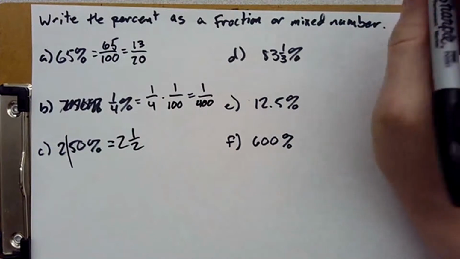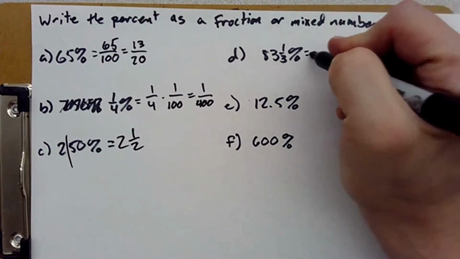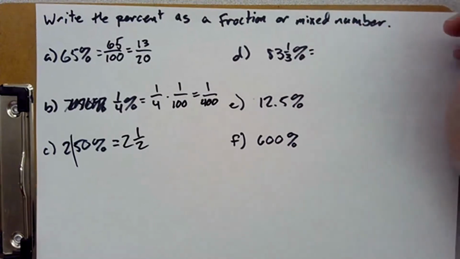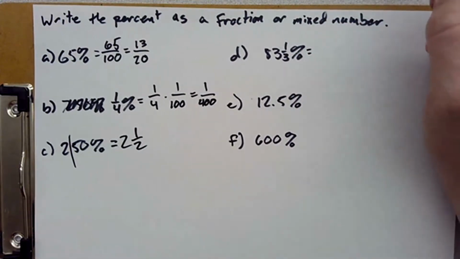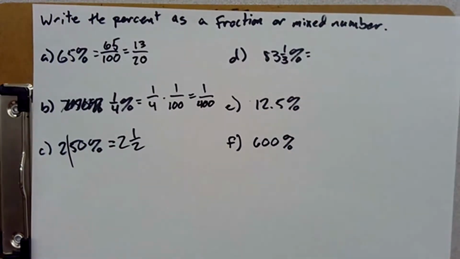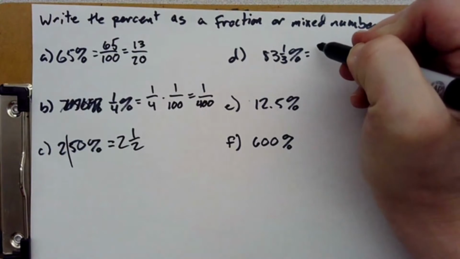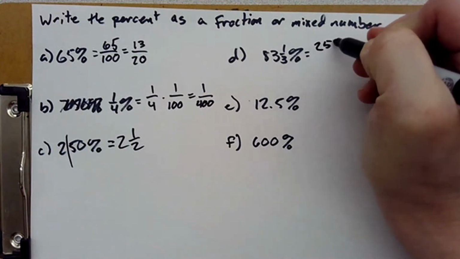83 1/3%. Okay, this one is a little more complicated. Let's rewrite this 83 1/3 as a fraction of a percent. 83 times 3 is 249, plus 1 is 250/3%.